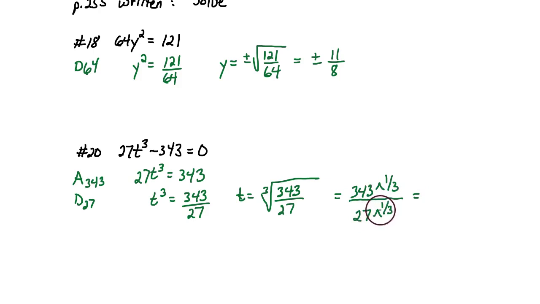It's a future section where we'll learn that a 1/3 exponent is the same thing as cube root, or that a 1/2 exponent is the same thing as square root. On a calculator, we find out that 343 raised to the 1/3 power is 7, and 27 to the 1/3 power is 3.